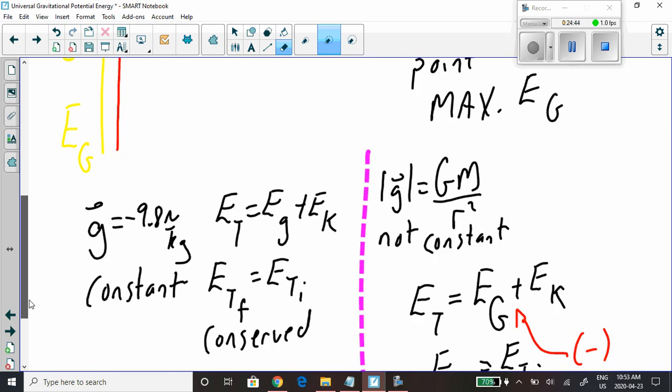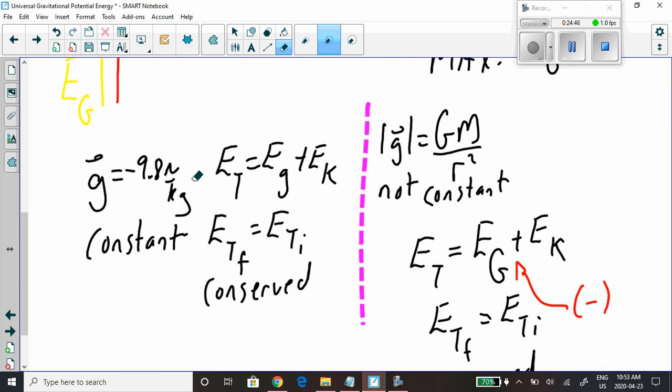So where does that all lead us? It leads us to this. In the past, we would do questions where we would have a constant gravitational field like this. And we would use the law of conservation of energy, right? We would use this where E_g was mgh, right? Now we still want to do that, but the gravitational field is not constant, right?